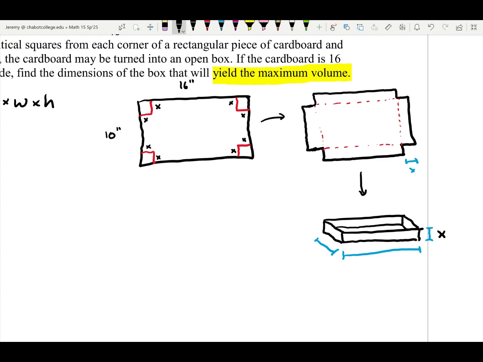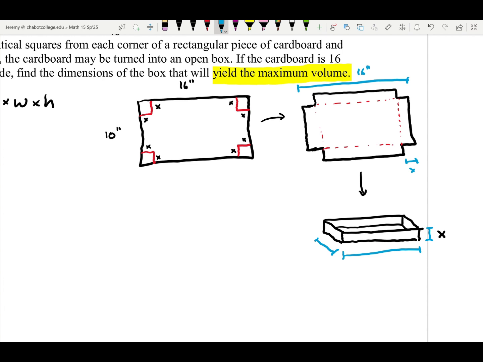Now, how about the length and the width? Well, let's focus on this long edge first. Originally, it was 16 inches. So if we look at the previous picture, this measurement from here to here was 16 inches. Now, this edge is not going to be 16 inches.